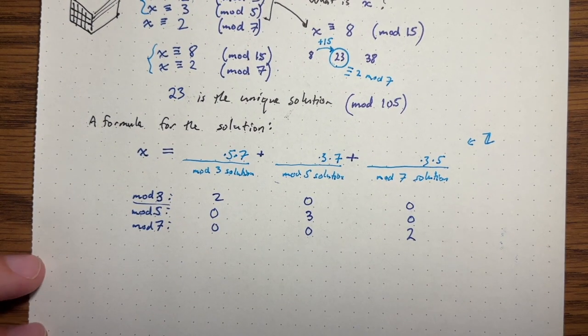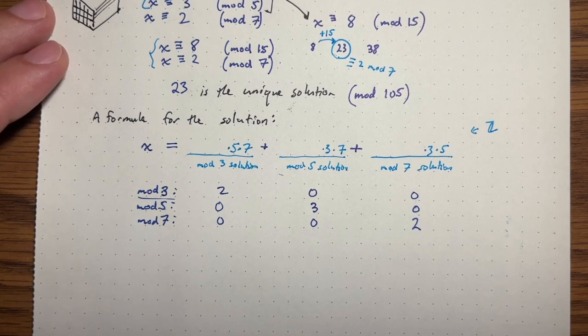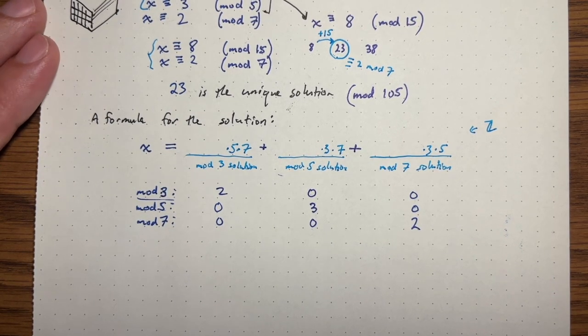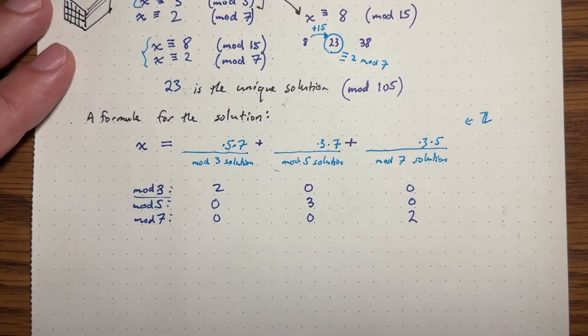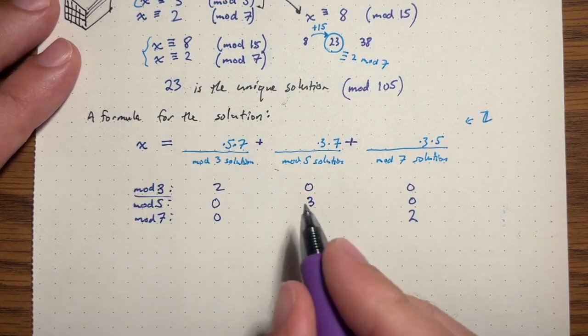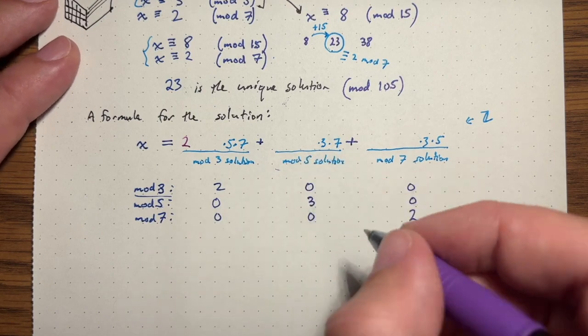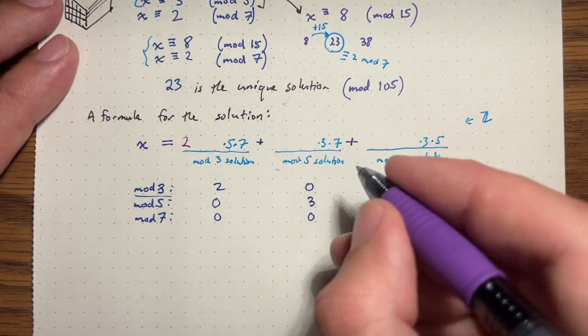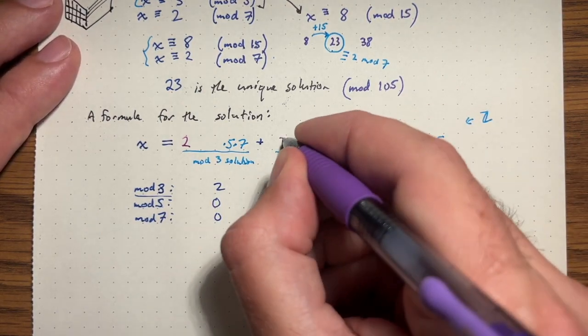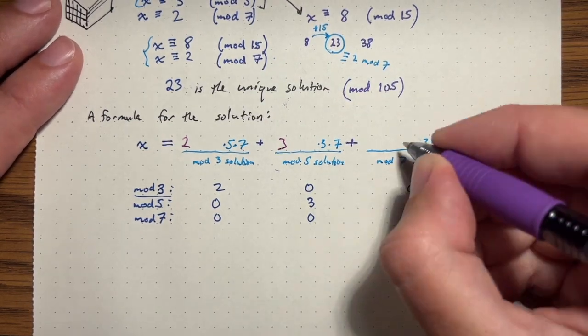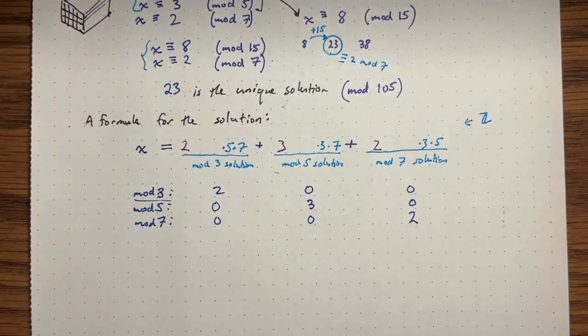Next thing I want to do is simply write in the number that I want to get. So I want x to be 2 mod 3, and I want the mod 5 solution to be 3, so I want it to be 3 mod 5, and I want it to be 2 mod 7. Great.